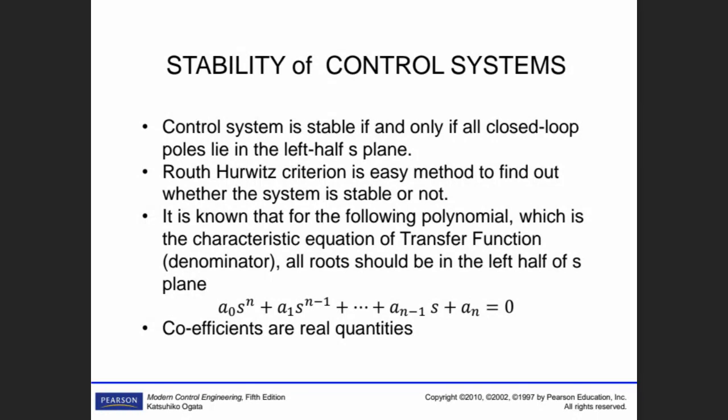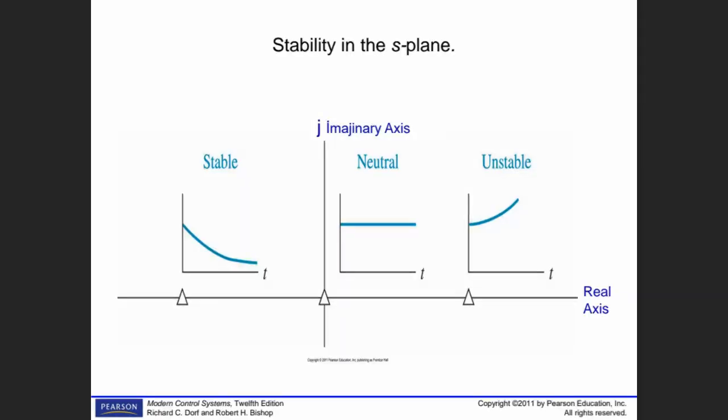Coefficients are real quantities. How could we evaluate that one? This is stable. This is, the roots are located on the imaginary axis. Although it's a sinusoidal output or a continuous output, this is unstable.